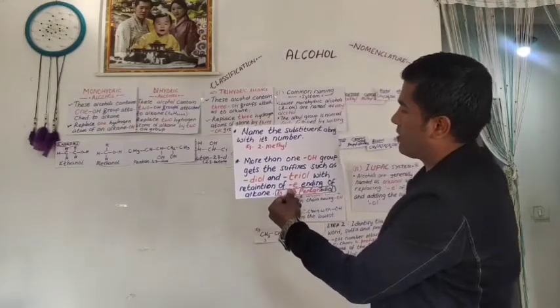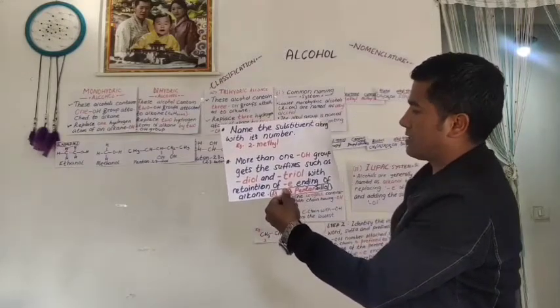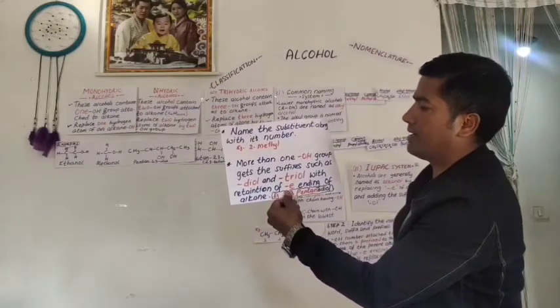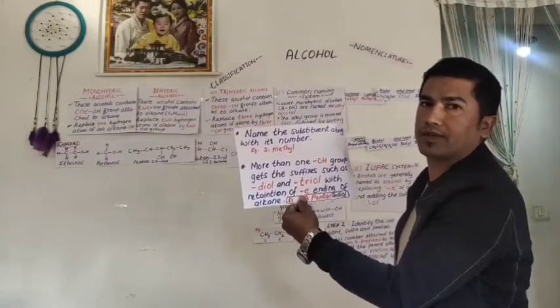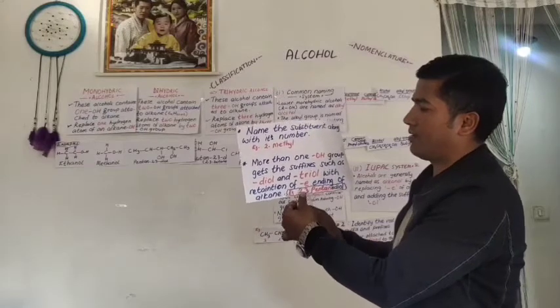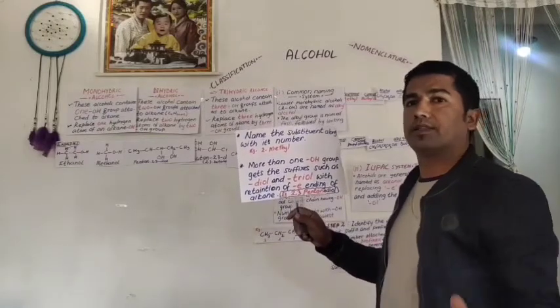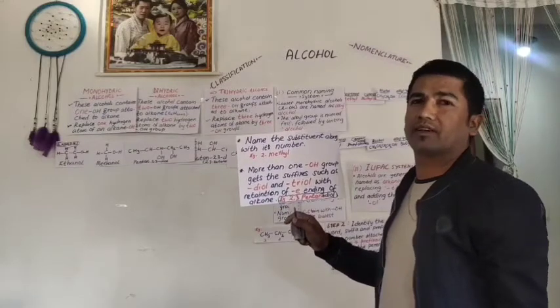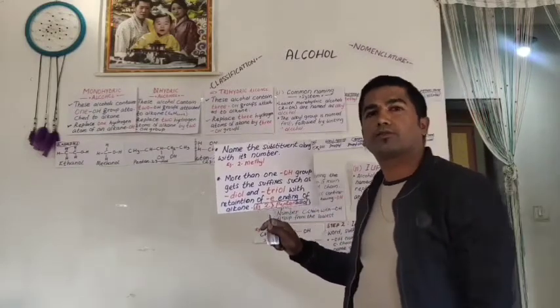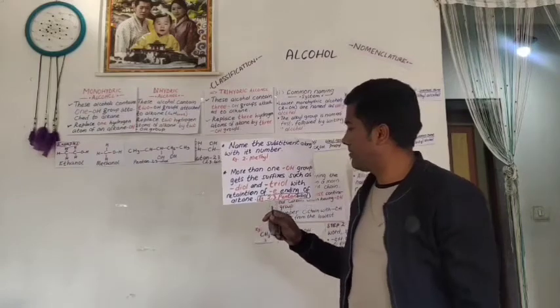Then if there is more than one OH group, it gets suffixes such as diol and triol, like we have already seen in classification. Diol is given when there are two OH groups, and triol when there are three OH groups.